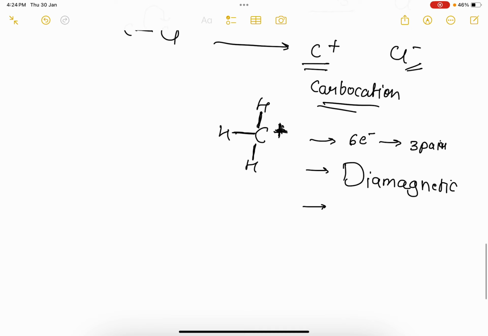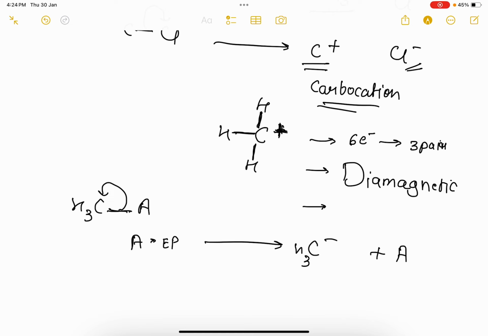Then suppose carbon is attached to an element A, and A is an electropositive element, or less electronegative than carbon. Then both the electrons of sharing go toward carbon, and CH3 minus and A plus are formed.